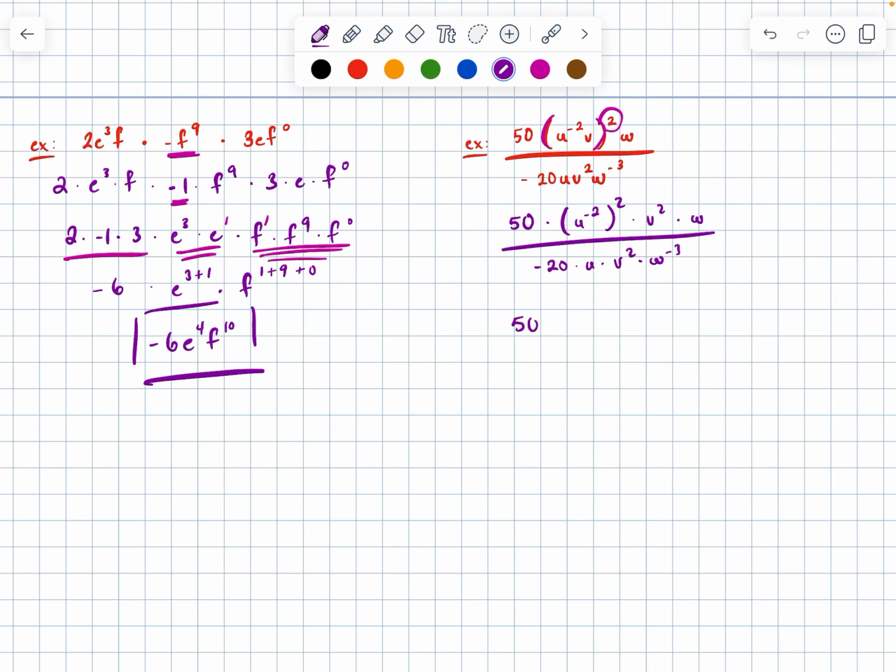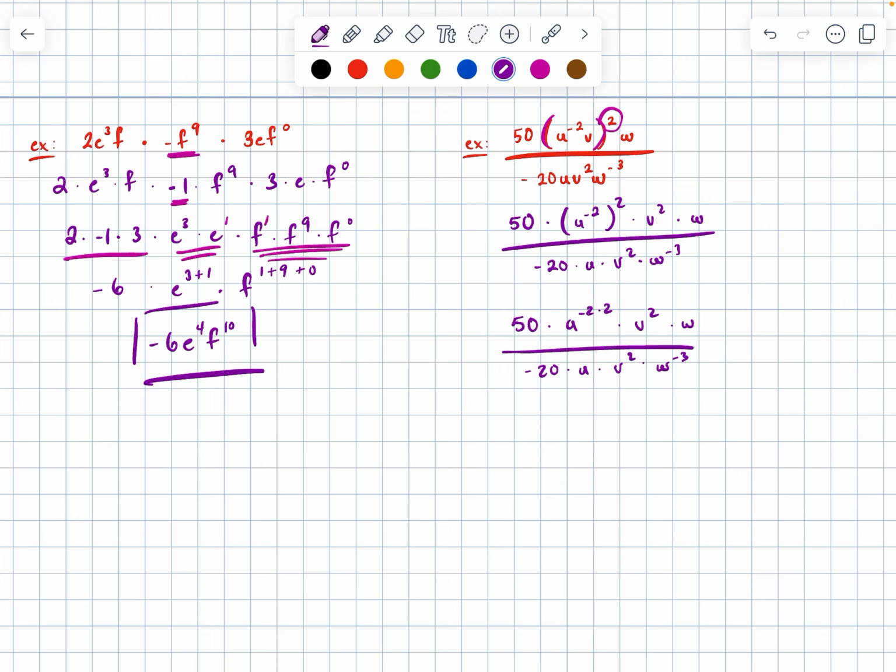Simplifying that numerator as much as possible, well, I've now got 50 times u to the power of -2 times 2. Whenever I raise an exponent to an exponent, I multiply my powers. So now I've got times v squared times w over -20 times u times v squared times w to the -3rd.